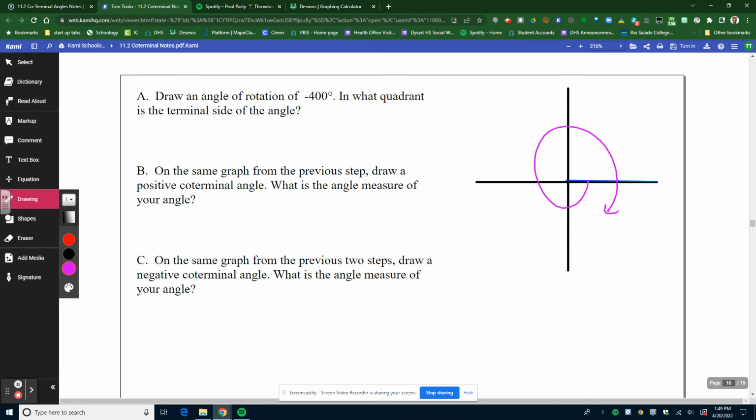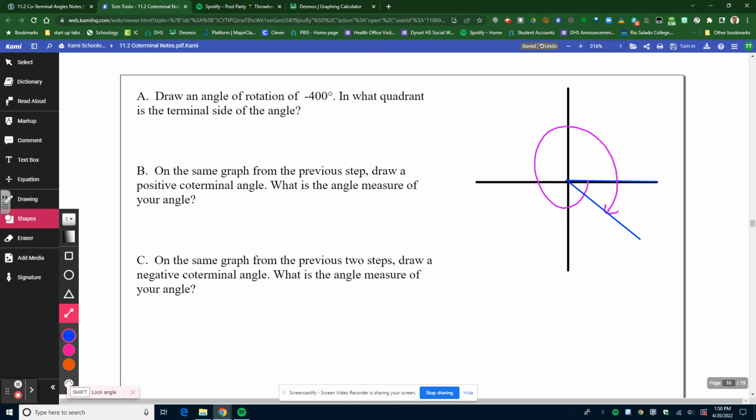We're going to be in the 4th quadrant. How many more degrees after 360 is 400? 40. So we go back to our shapes tool, and we want 40 from the top.